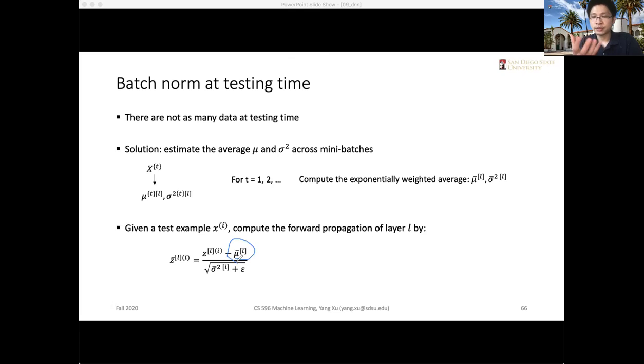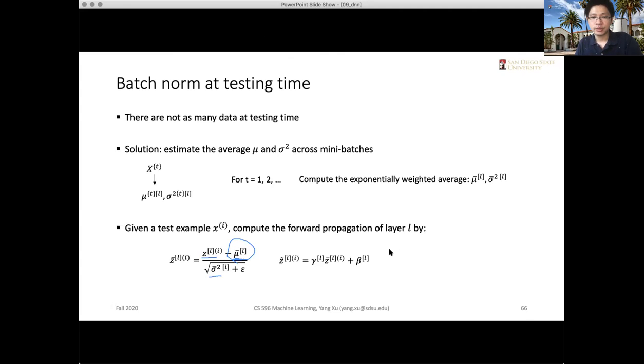So we're talking about the testing case. The z's are from the testing data, the mu's are a running average from all the training data points, and the sigmas are also from the training data points. So we use the training statistics to normalize the testing data points.